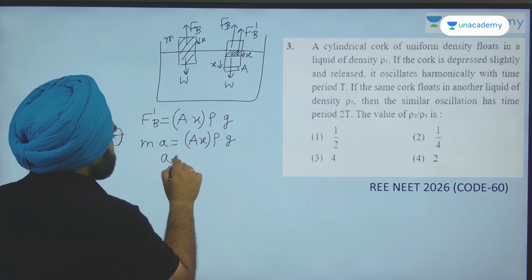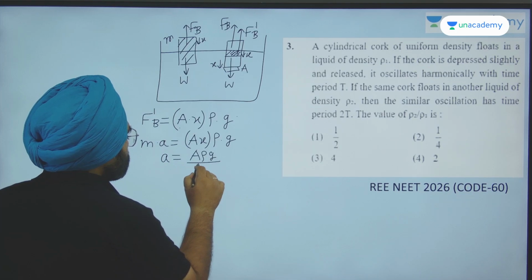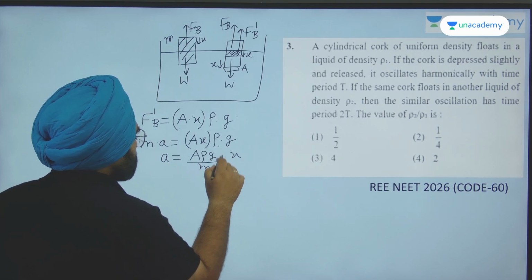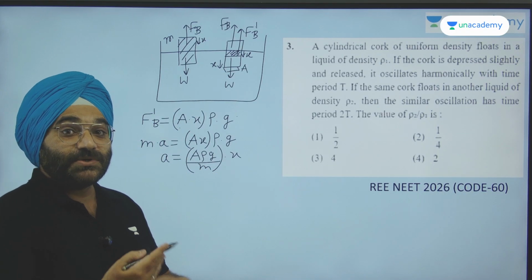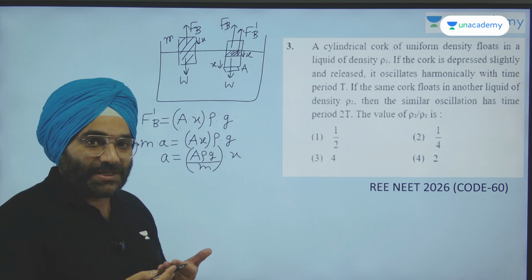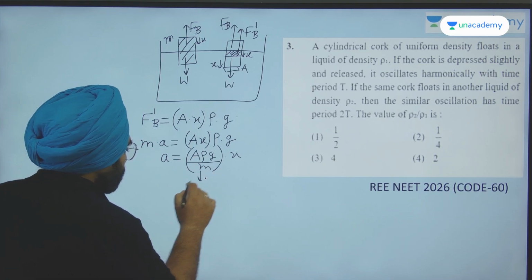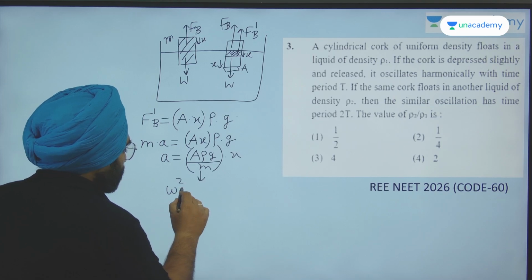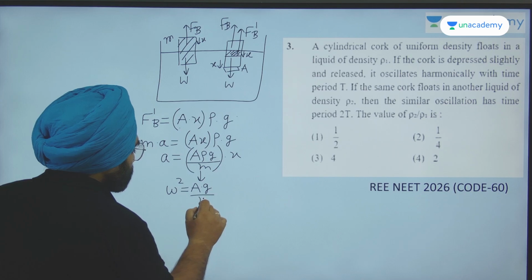Now acceleration will become what? All the constants I will take here: a equals A rho g by m into x. Now we already know this is the square of angular frequency, omega square. So omega square is equal to area of cross section into g into density of the liquid by mass of the body.